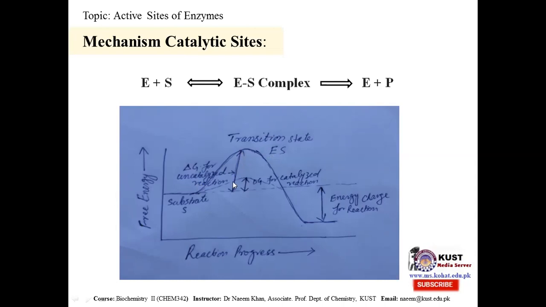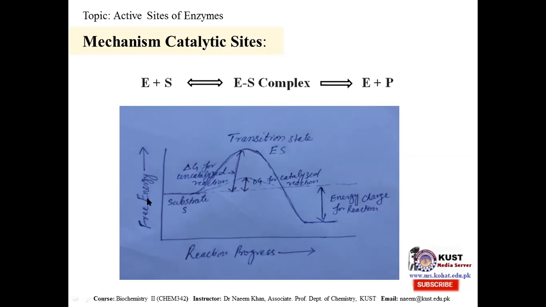Look, this is a big amount. And in the case of the catalyzed reaction, the free energy change required for the transition state formation is a small one. So what is the enzyme doing? The enzyme is actually decreasing the energy required, you can say the activation energy, for the formation of the enzyme substrate complex and the products.